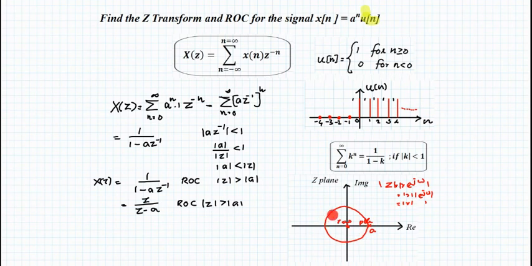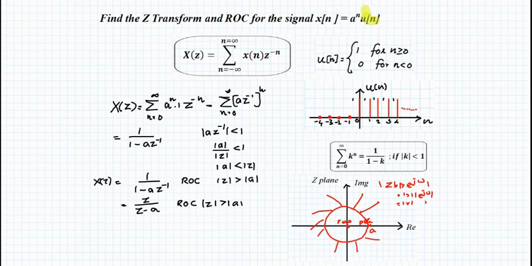In the z plane, this is a circle with radius a, and you can see that the ROC, or region of convergence, or this result, is valid only when modulus of z is greater than a, and you can mark this region of convergence. This is a circle with modulus of z equal to a, and here it is modulus of z greater than a, so you can indicate the region outside this circle.